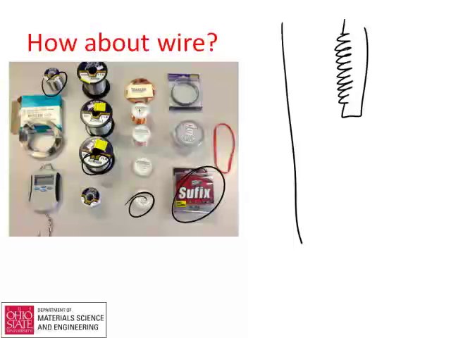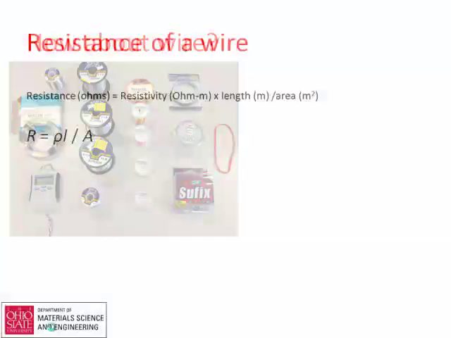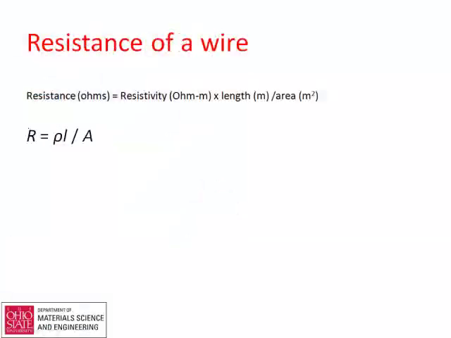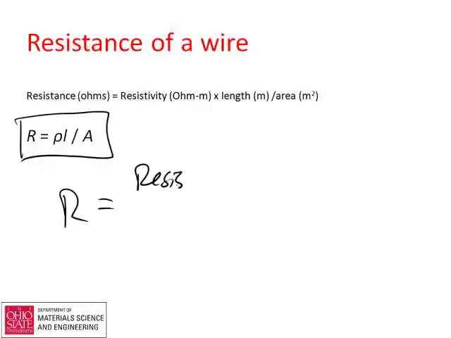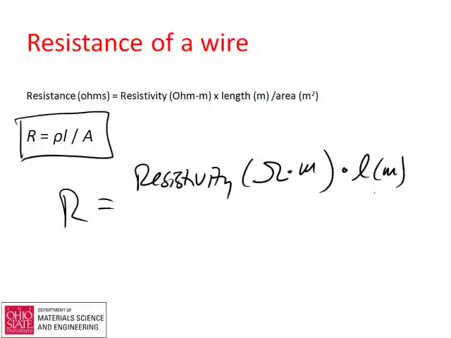Well, how do we do that? So the resistance of a wire, R, is equal to the resistivity, and this is in ohm meters, times length, which is in meters, divided by area, which would be pi r squared, where r is in meters.